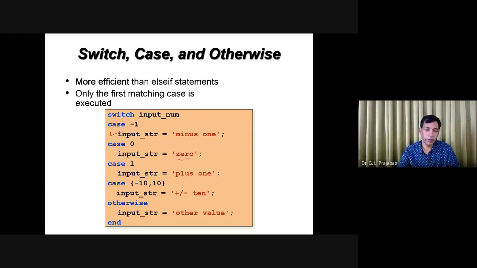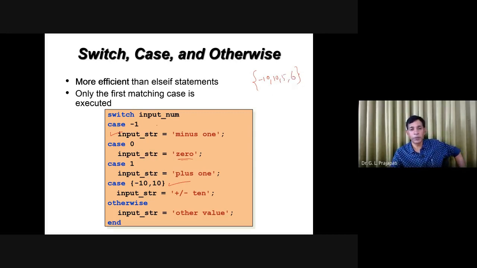Here one thing you need to know: if you want to specify more than one value, then you have to put them within curly braces. So like this, if case -10, you can say any number. Here you have -10, then 10, you can say 5, 6, like this. You can have any number of values.